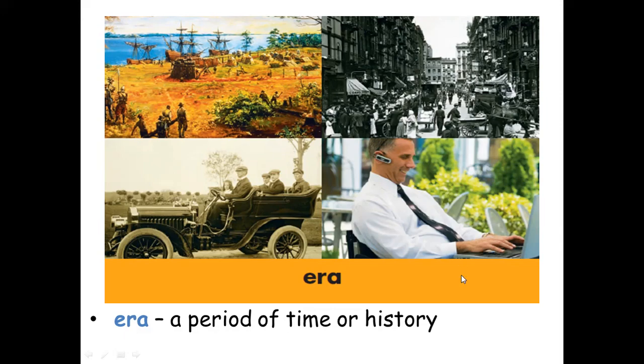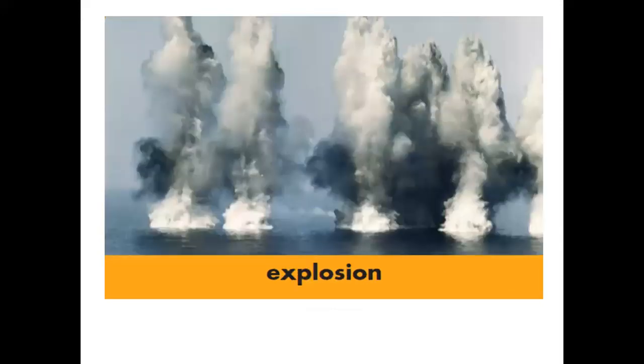We want to look at the next vocabulary. The first vocabulary is explosion. As you can see, explosion can be caused by something, gas or anything. Explosion can take place in a house, in a room, in a car, or an aeroplane.